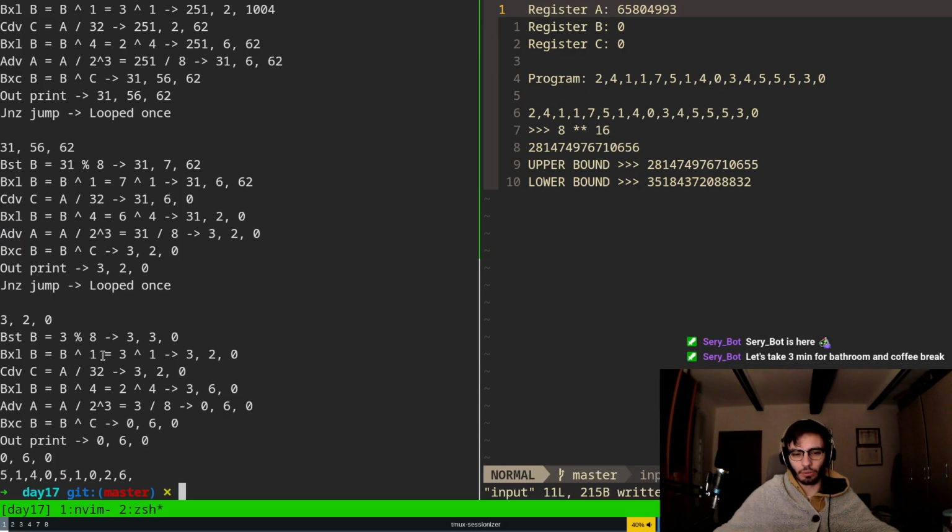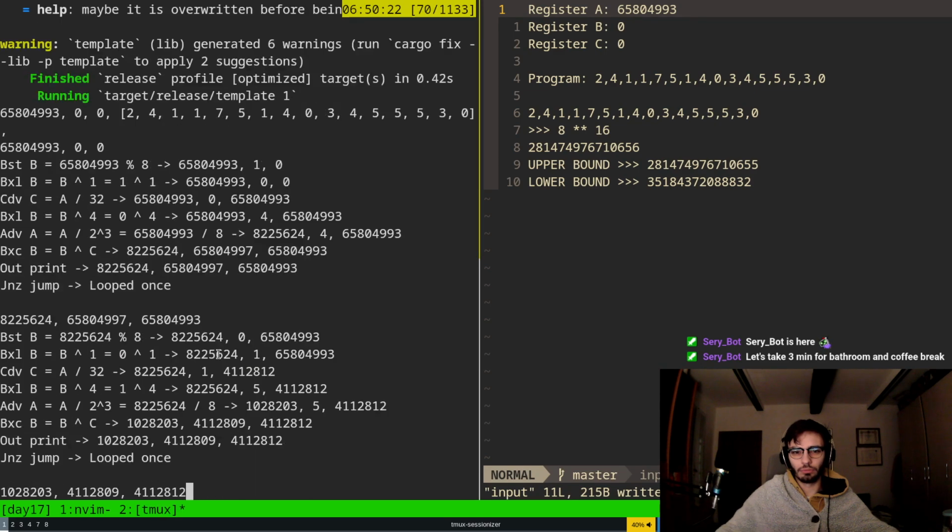So B XOR 1, that comes 3 XOR 1, which is 2.